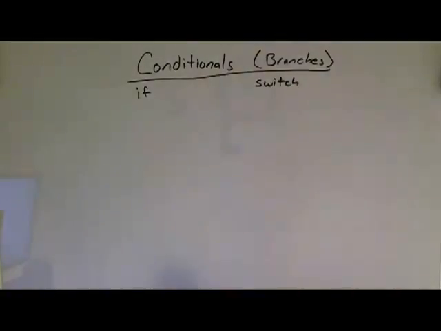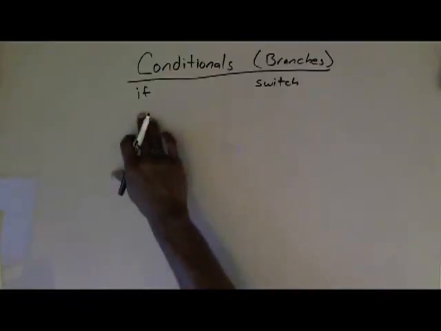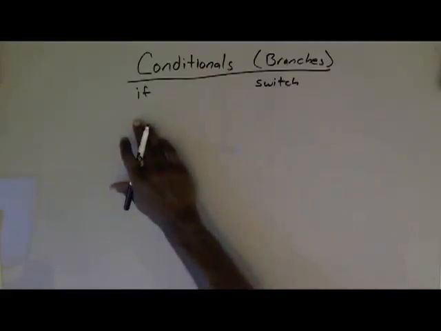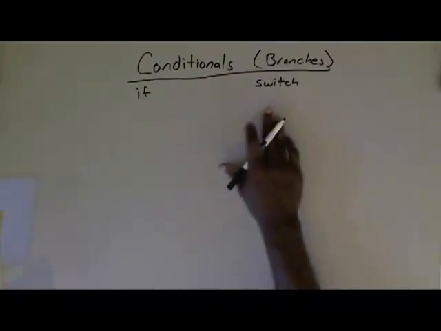These are the two ways that we execute conditionals in MATLAB. The basic, core one is the if statement. The tricked out one is the switch statement. So we're going to get some fundamental understanding of the if statement, and then at a later time I'll do another video segment on the switch statement.